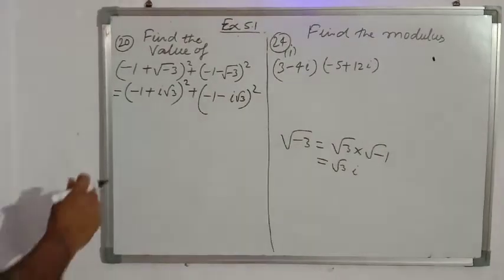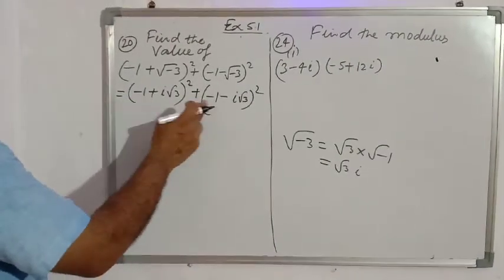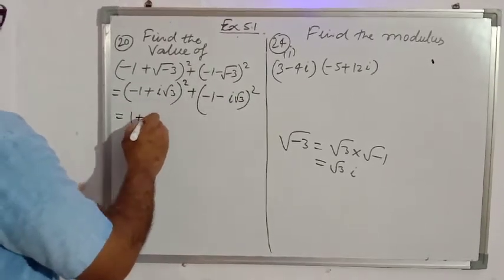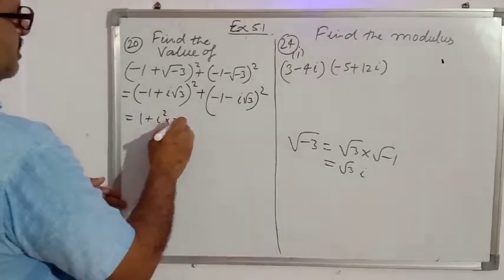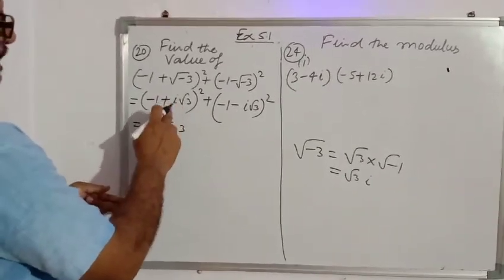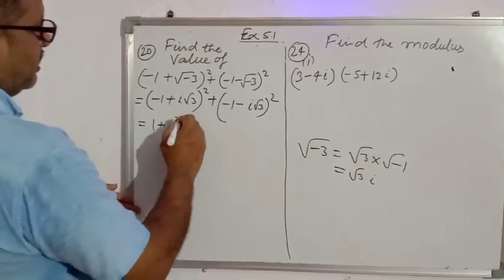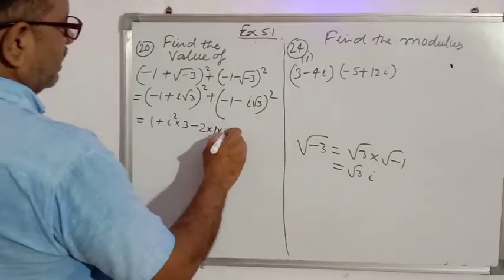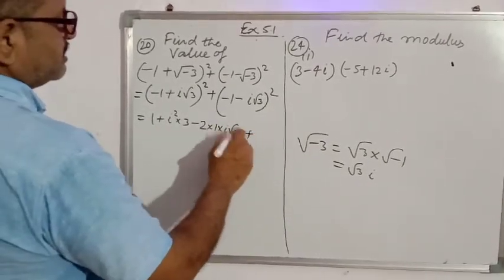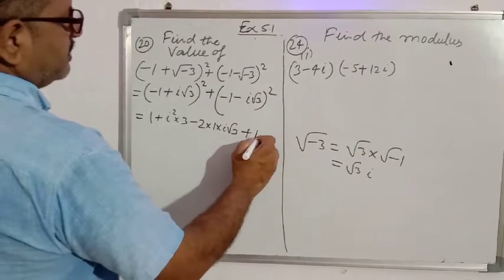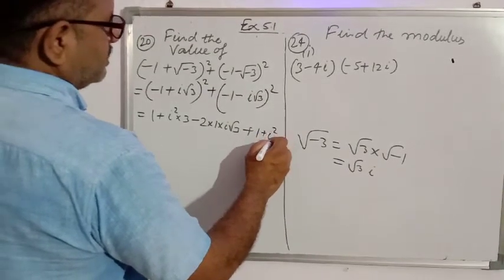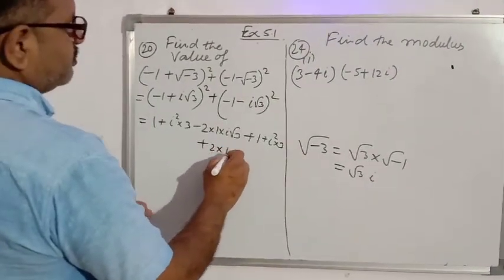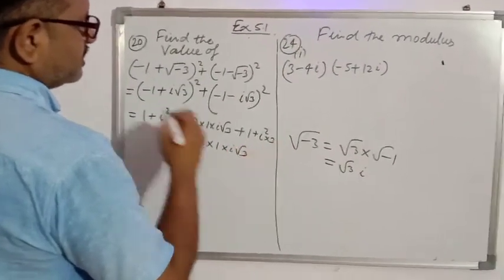Now we will apply here a minus b whole square and a plus b whole square. So a square is 1, plus i square into root 3 whole square is 3, minus 2ab, so minus 2 into 1 into i root 3. Plus a plus b whole square: 1 plus i square into 3 plus 2ab, 2 into 1 into i root 3.